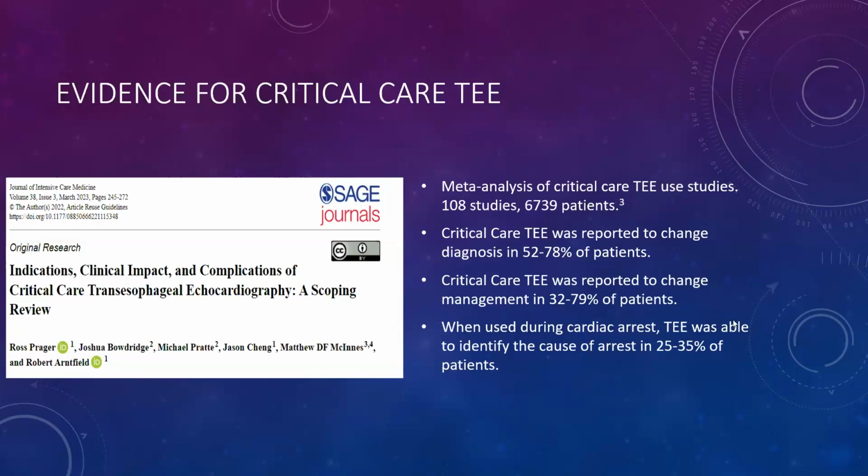And one of the benefits that TEE offers is that as opposed to trying to get your subcostal view while doing pulse checks during ACLS, the TEE only has to be inserted once and it stays there. So you don't have to interrupt compressions for as long to try and get your view and see what's going on with the heart.